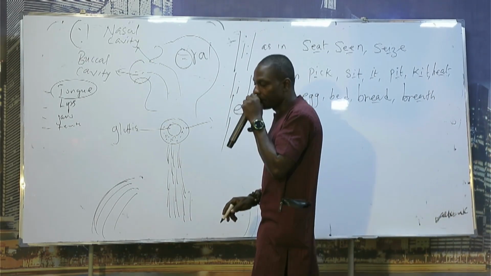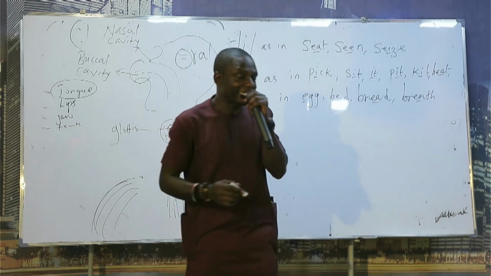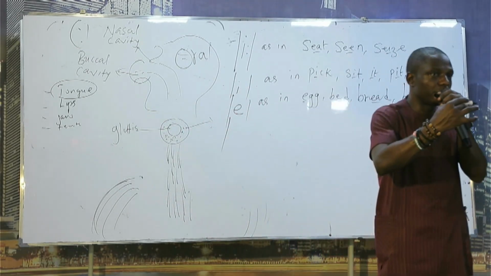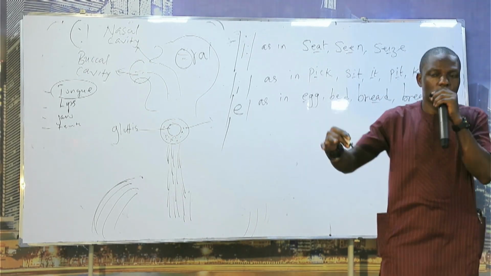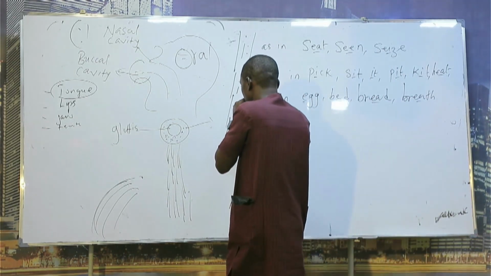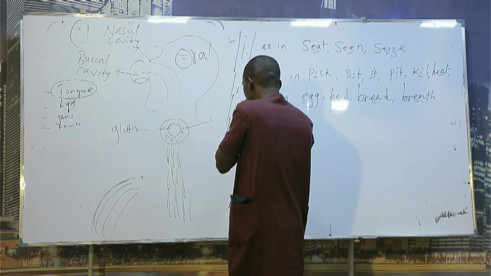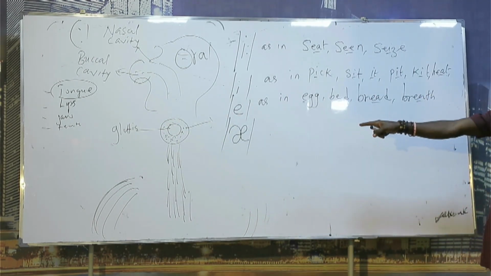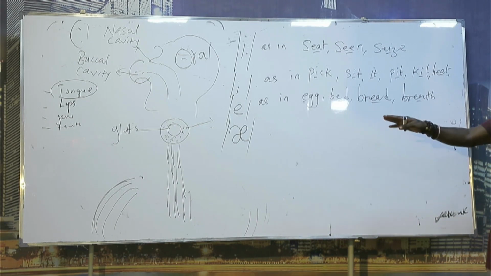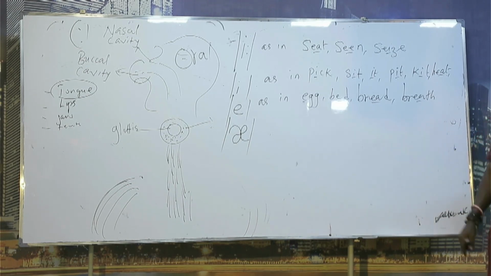Number 4. Are you writing? Number 4 is the short A sound. You keep your hand like this. That's on the board. Look at it. I don't want it to have any gap in between, because that is the back of the tongue colliding with the tip of the teeth.